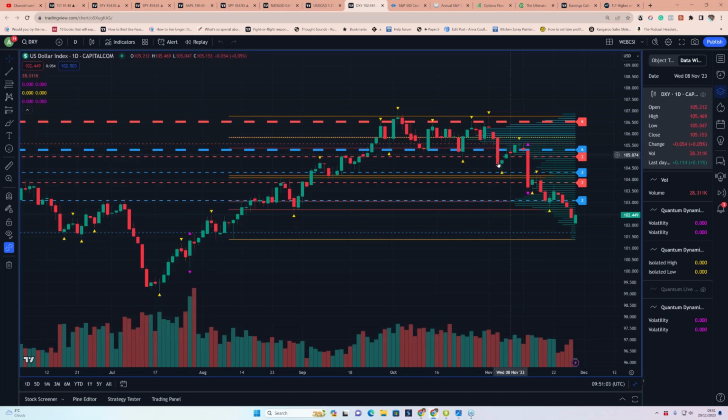But as you notice, it didn't actually make it. What was more significant, it didn't make it to the volume point of control. Nevertheless, it was still a fake out, which is one of the reasons why so many traders don't like breakout trading, because you do have to be aware that you can get fake outs.